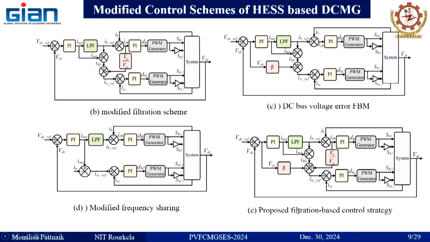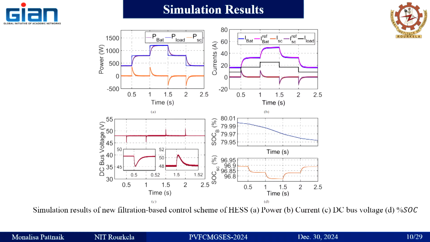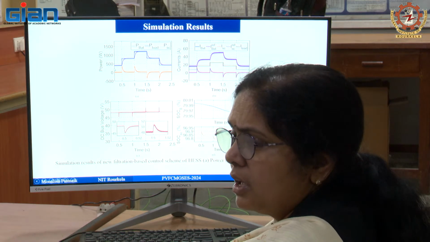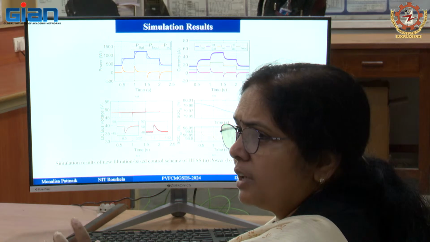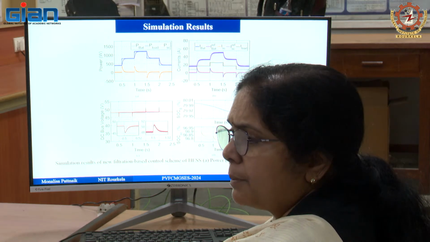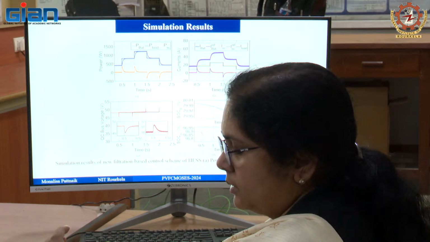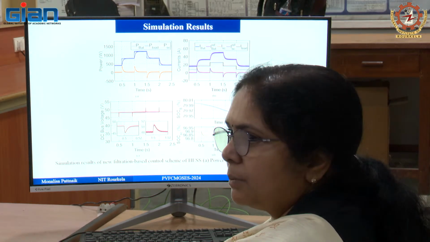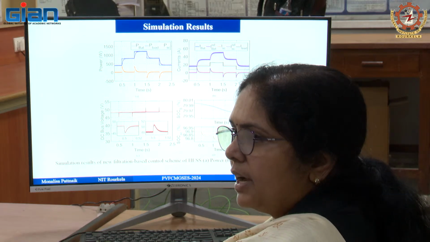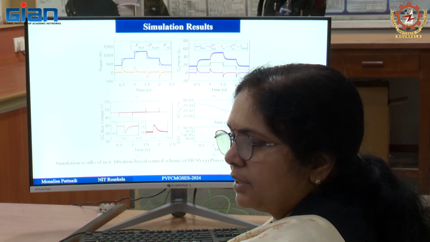We tried to simulate this one. All these 4 topologies of control schemes, along with the conventional one, 5 in total, we simulated and compared. This is our proposed one, the overall result. Here there is no renewable energy source; we have only battery and supercapacitor, where the transient part is supplied by the supercapacitor and the battery is supplying the steady state part.